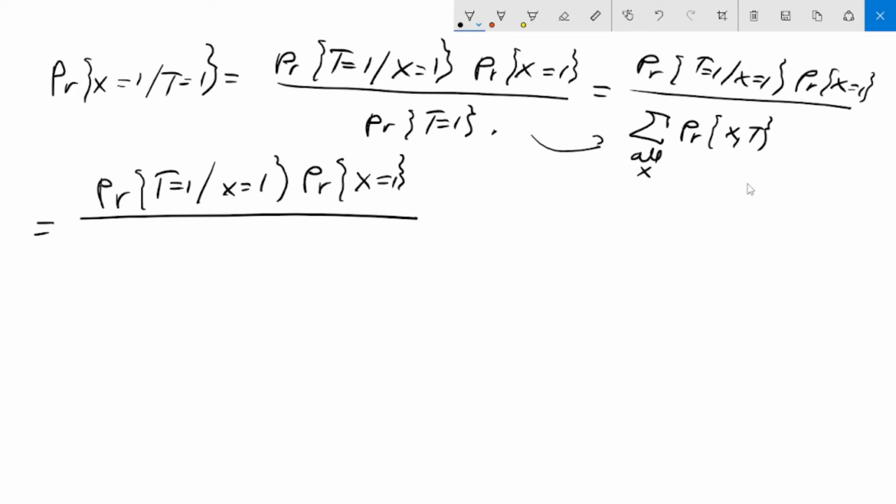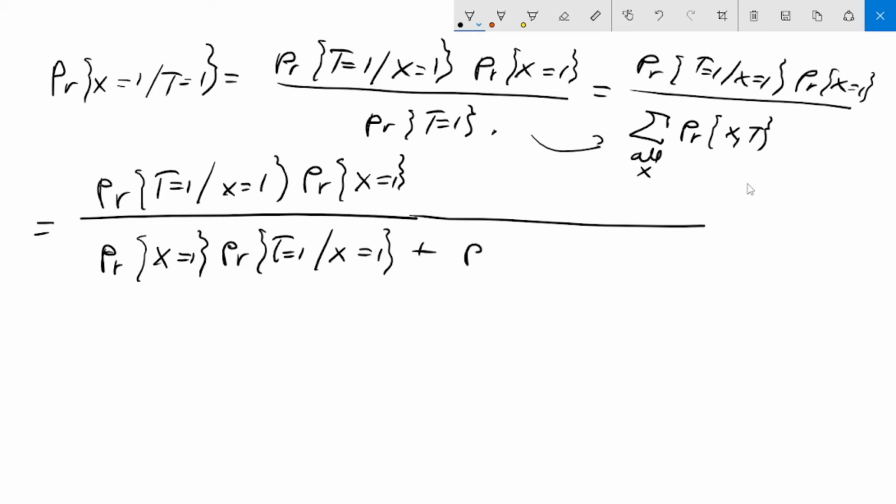In other words, we have a final denominator equal to the following expression, which is plus the probability of x equals 0 times the probability of t equal 1 given x equals 0.